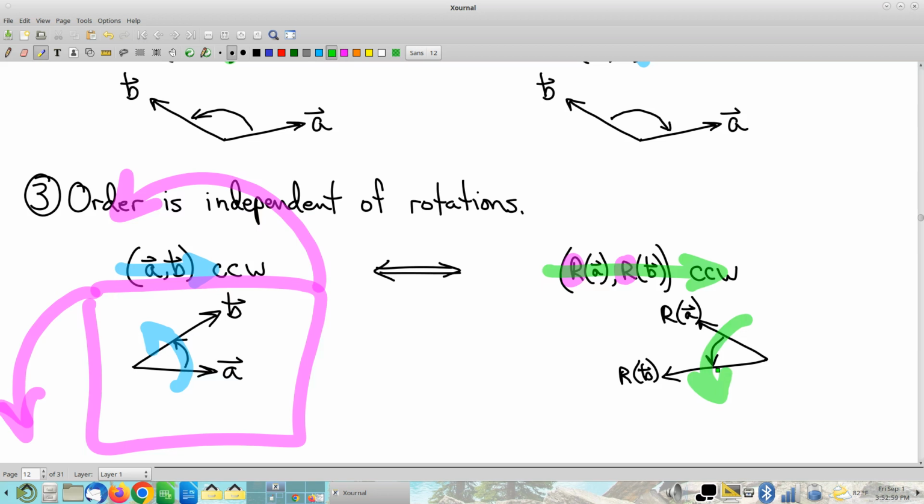So rotations don't matter. Does that make sense? My silly analogy for this is if you're looking at a clock and you see a second hand on the clock, if you turn your head to the side, it's still going clockwise. And if you turn your head the other way, it's still going clockwise. Rotations don't matter. Everybody happy?